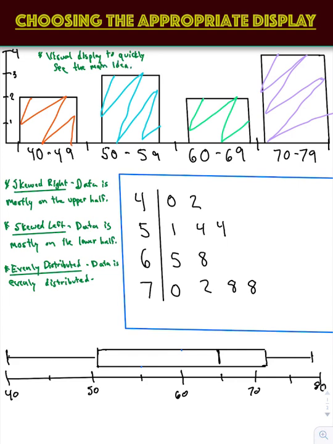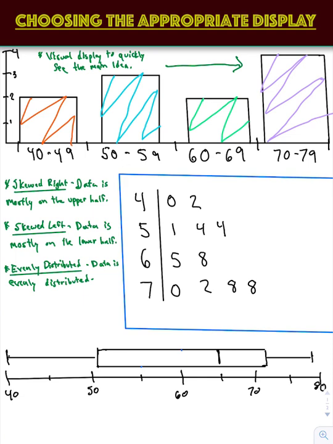In general, I can look at this and see we have a data set with a range of the 40s to 79, so 40s to 70s. It looks like most of my data occurs in the 70 to 79 range. Here it's showing that most of my data is on the right side. This would be an example of skewed right, because the data is angling to the right.